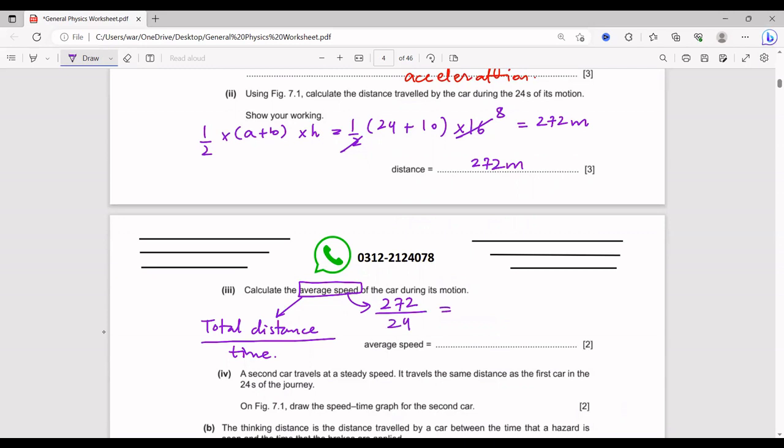So the average speed is 272 divided by 24. The answer will be 11.33 meters per second. You should write down 11.3 meters per second.